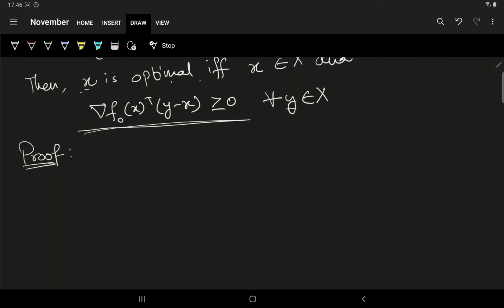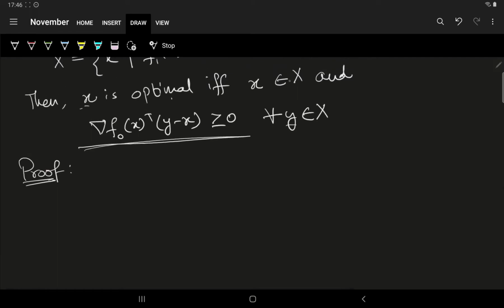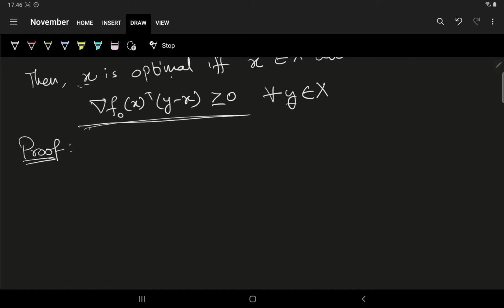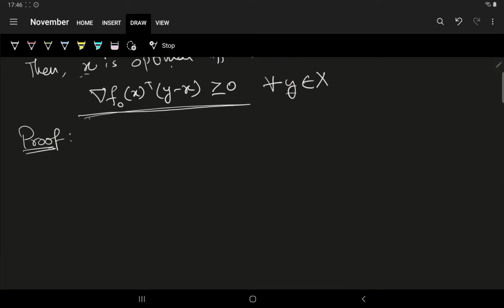We first suppose that x belongs to capital X, and this condition is true, and we want to arrive at x being an optimal point. So we say x belongs to X and satisfies 1.